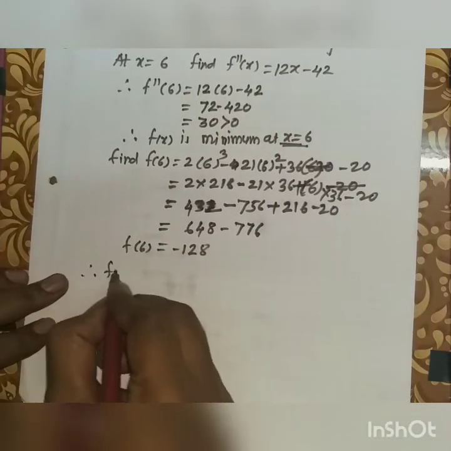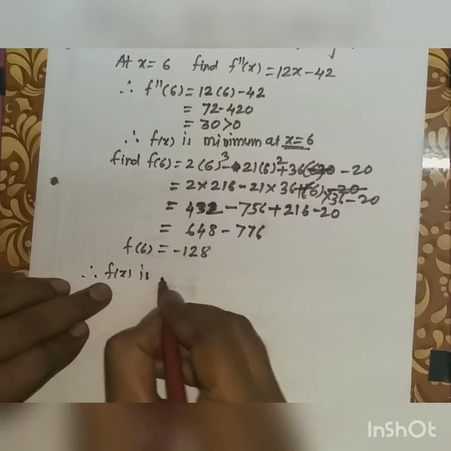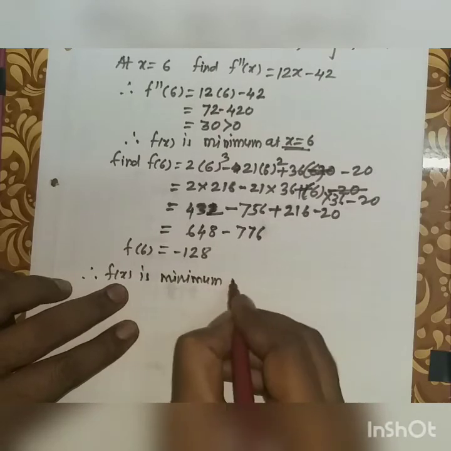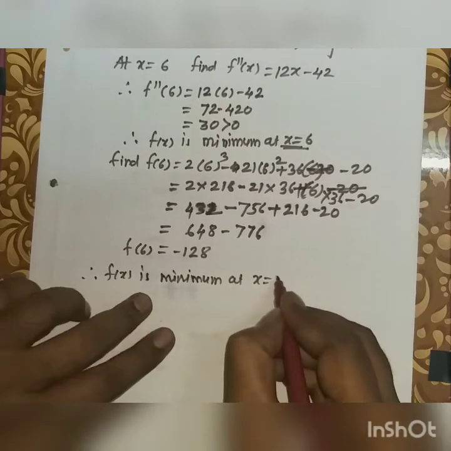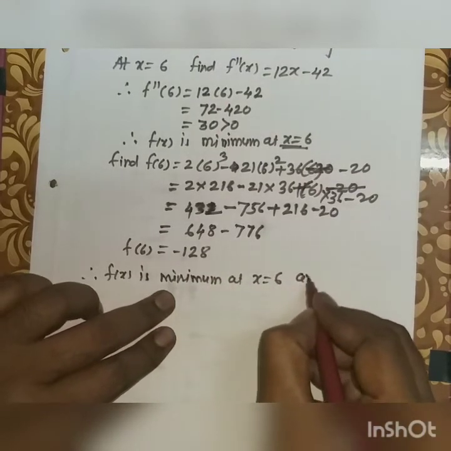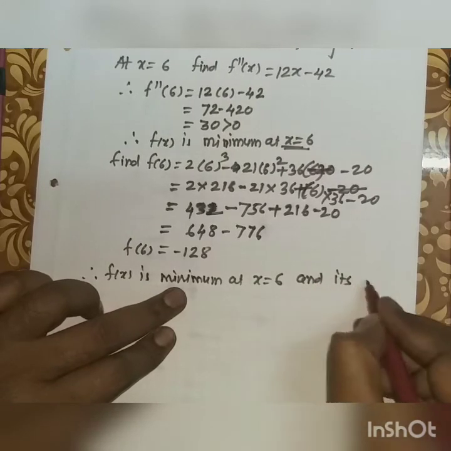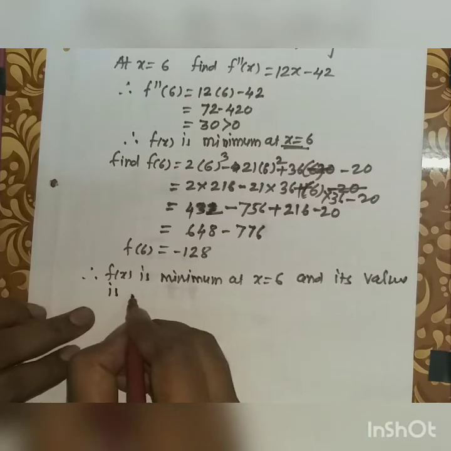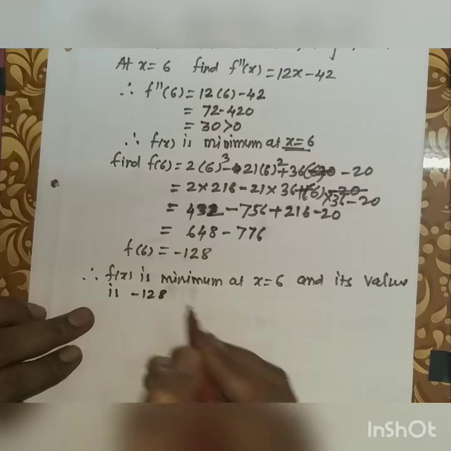Therefore, f of x is minimum at x is equal to 6 and its value is minus 128.